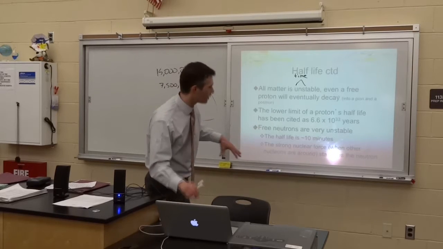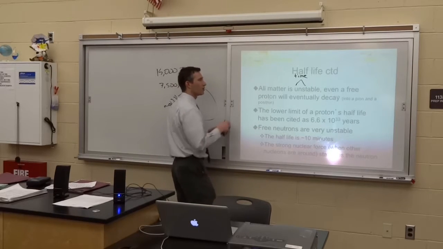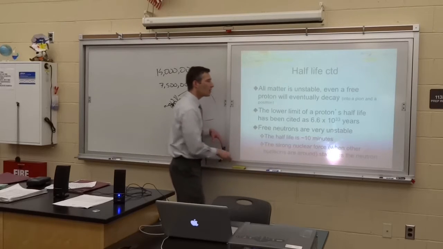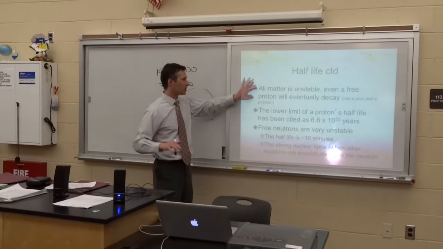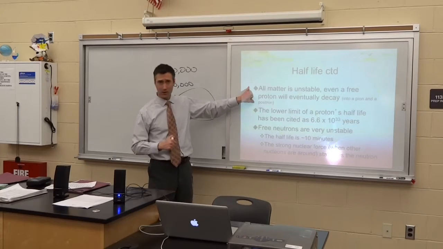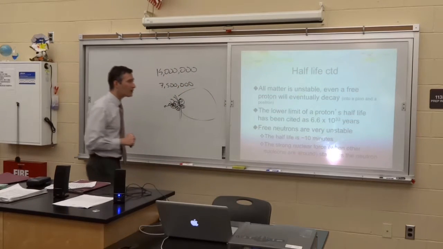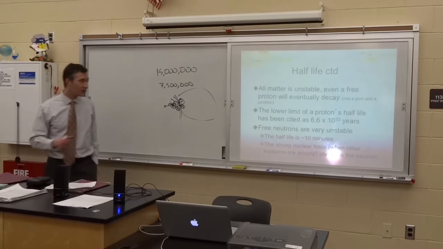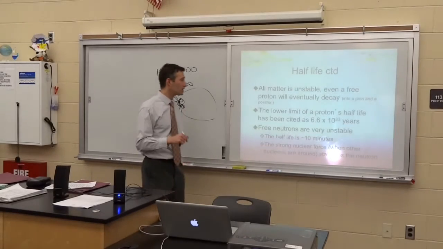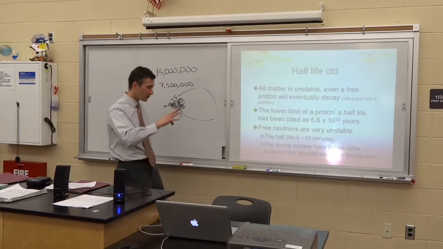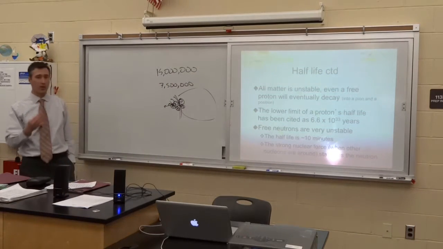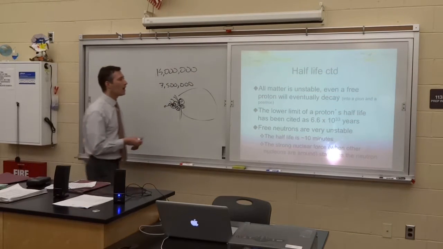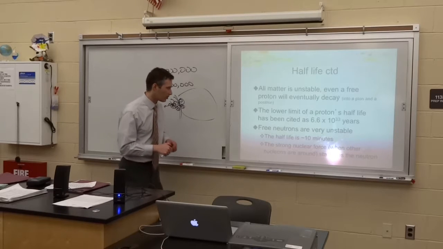Let me try and go a little bit quick through a few observations here. I've said a few times, including just a couple minutes ago, that all matter is unstable. The most stable thing that I can think of that's matter is a single proton, and even a single proton eventually decays. Just matter is inherently not the most stable form of energy out there. Now, a proton is very, very, very stable, right?